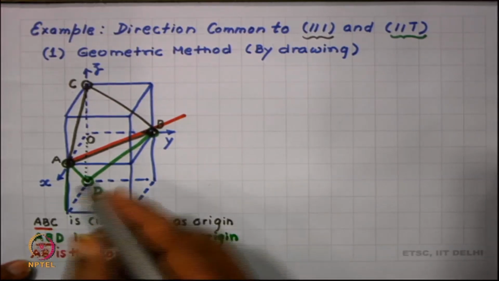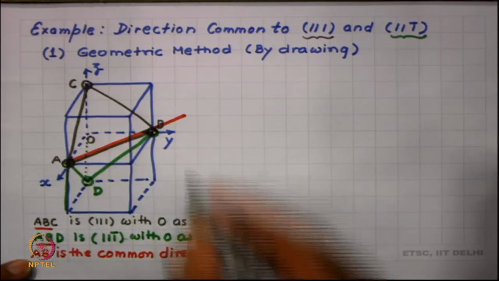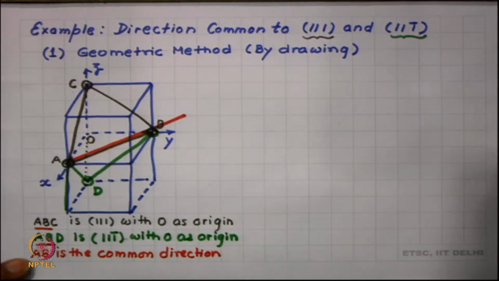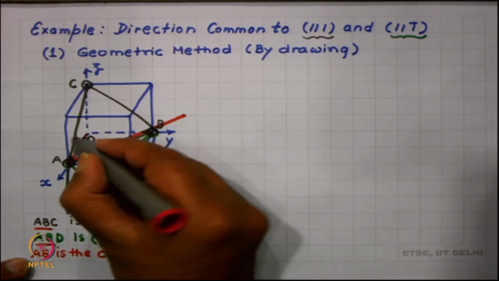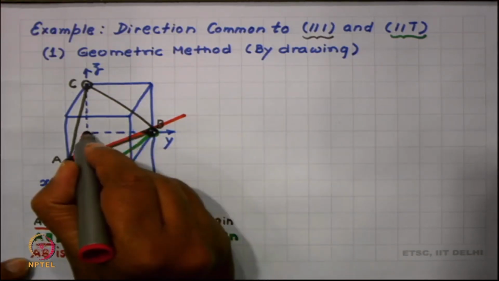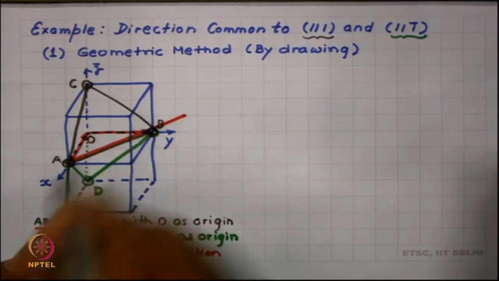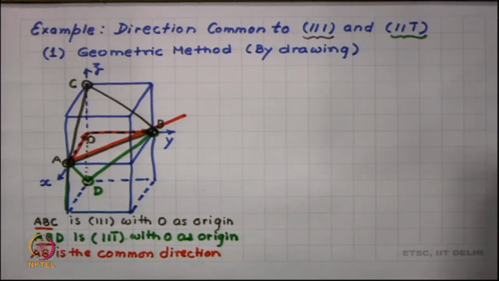And how do I find its Miller indices? Well, I can now choose A as my origin and try to move in the direction A B. To do this, I take a negative 1 step along x and a positive 1 step along y, and I do not have to go along z.